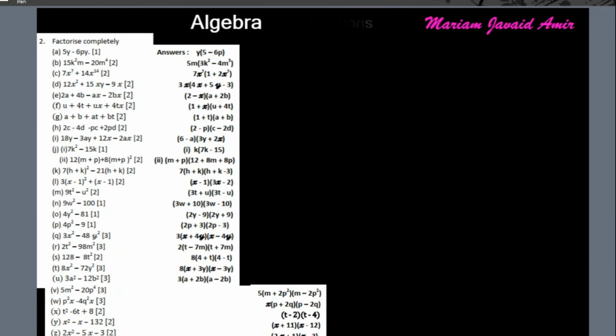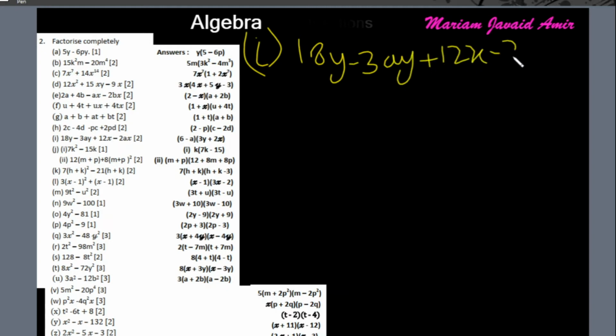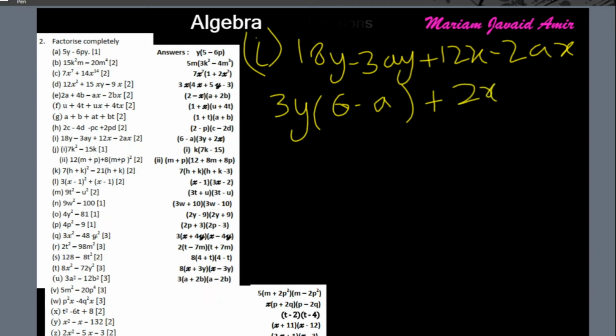Part I is 18y minus 3ay plus 12x minus 2ax. So 3 is common and y is common in the first 2 expressions. We're left with 6 minus a, plus 2 is common and x is common.